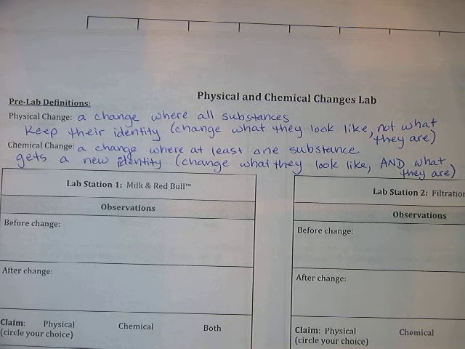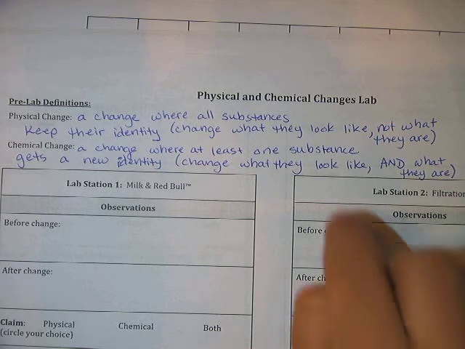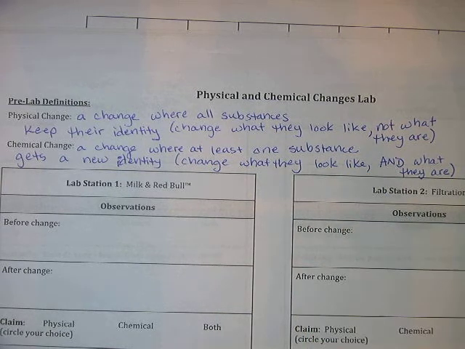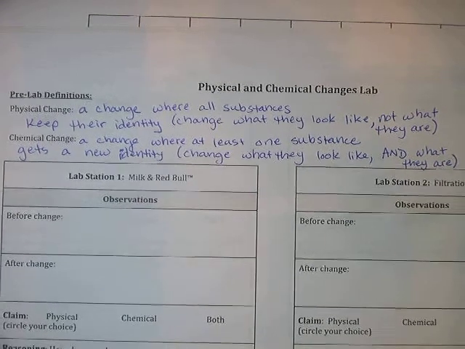So this would be like, instead of you getting a haircut, which doesn't change who you are, if you went through witness protection and they gave you a totally new identity and they said, your name is no longer Mary, your name is now Calpurnia, and instead of being a high school student, you're a dry cleaner. Like that's changing what you look like, because they would give you some kind of makeover to make it harder for the murderers to find you. And it would change who you were.